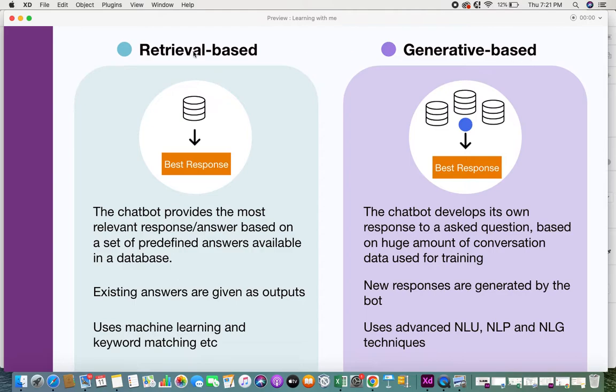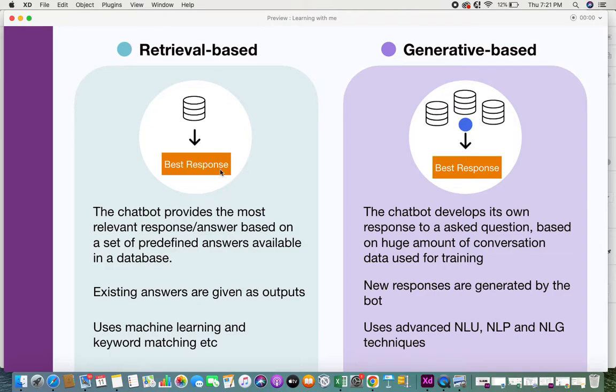As the name suggests, the first one is retrieval based. It provides the most relevant response based on the set of predefined answers available in a database. So in retrieval based, answers to different questions are always stored and kept in a database.